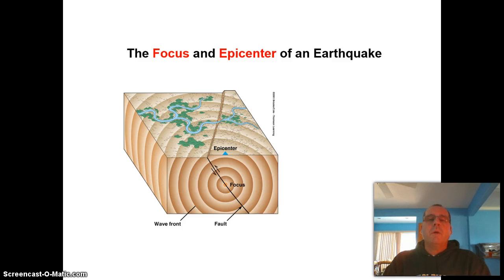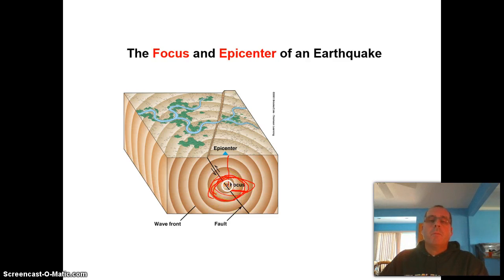There's two things as far as where earthquakes occur that you need to know. One is the focus. Now the focus occurs usually miles underground. Okay, and what happens is the energy transfers up. So where the earthquake actually starts is called the focus.